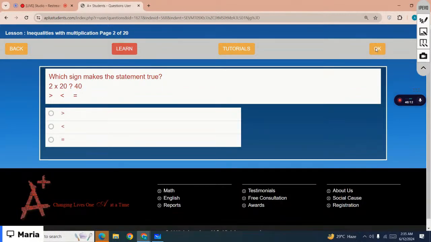Which sign makes the statement true? 2 times 20 and 40, which is the correct option?